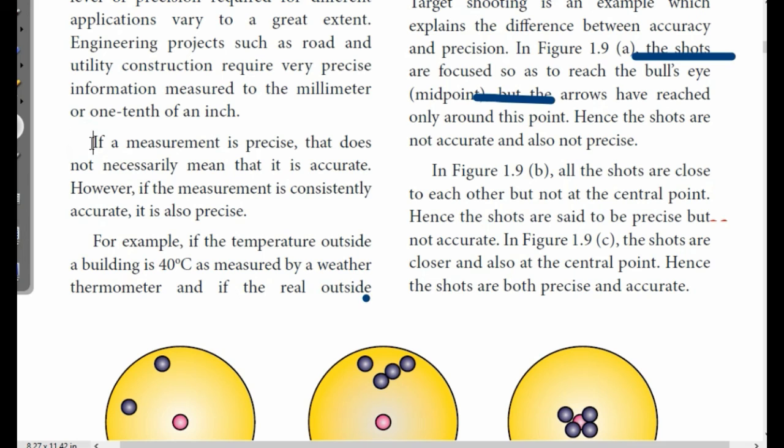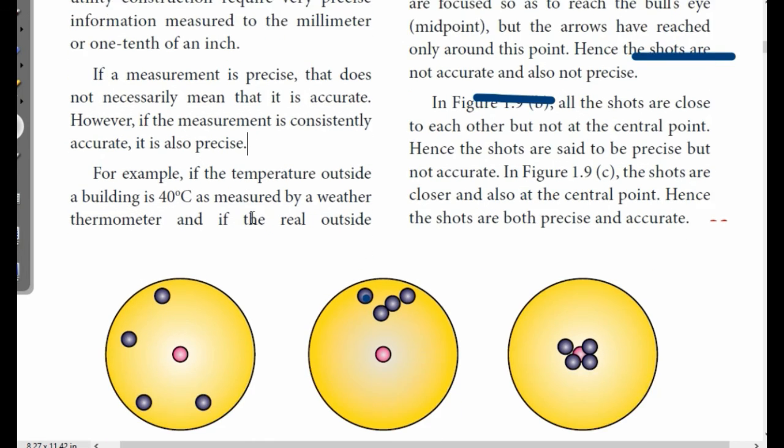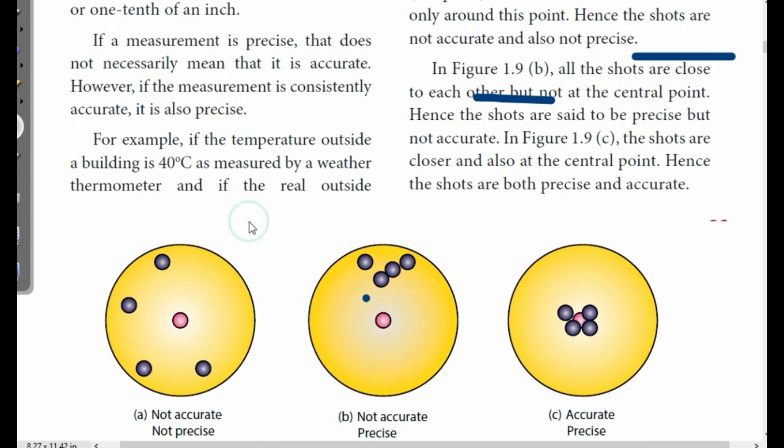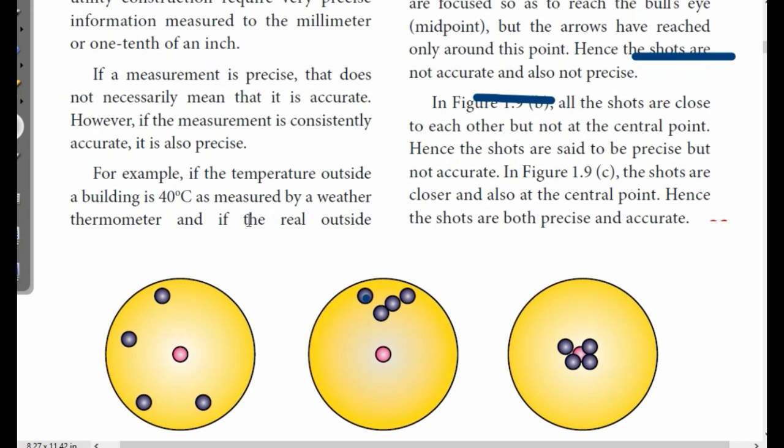Before seeing that, if a measurement is precise, that does not necessarily mean that it is accurate. However, if the measurement is consistently accurate, it is also precise. You will be able to understand that better with the help of this experiment.